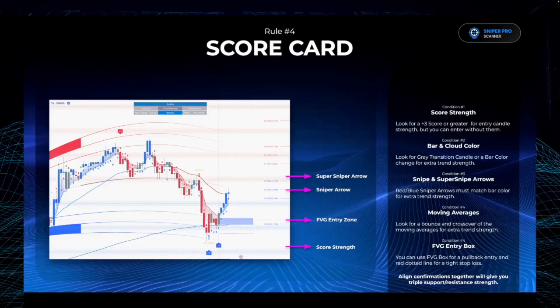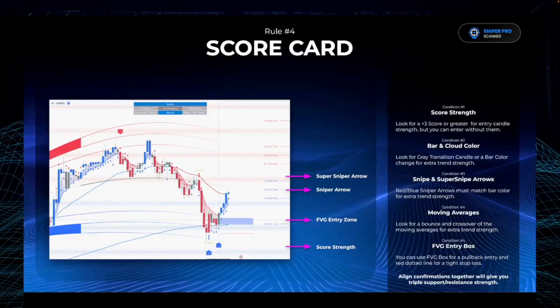So we have adjusted it based on our recent tutorials. The scores now start at a +3 score. So a +3 would be the weakest score, letting you know that there are a minimum of 3 different indications that the market is going to move. The highest score that you can ever see on there is going to be a +10.